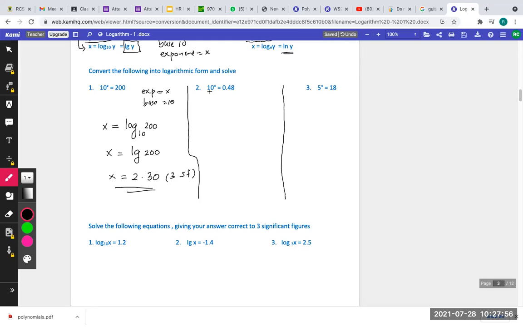Again, here the base is 10, the power is x. So x equals log 0.48 to the base 10. So I can write it as LG 0.48, since the base is 10. So log 0.48 is equal to negative 0.319 rounded to 3 significant figures. I hope you are checking the answer as well. You may check your answer.